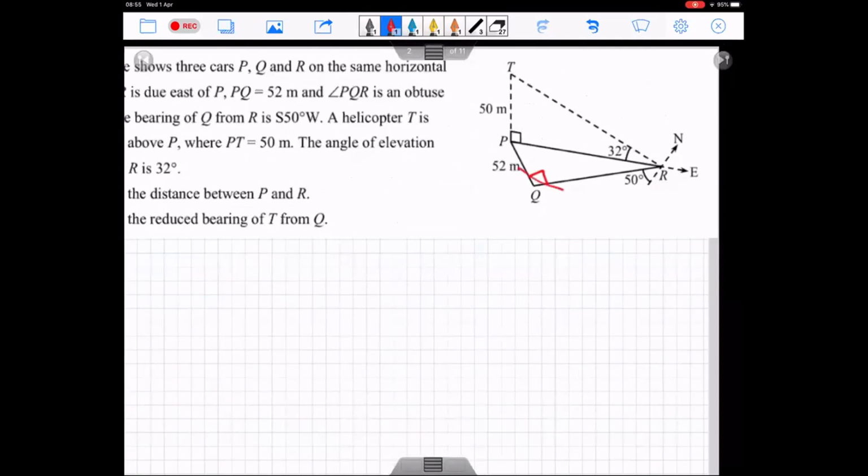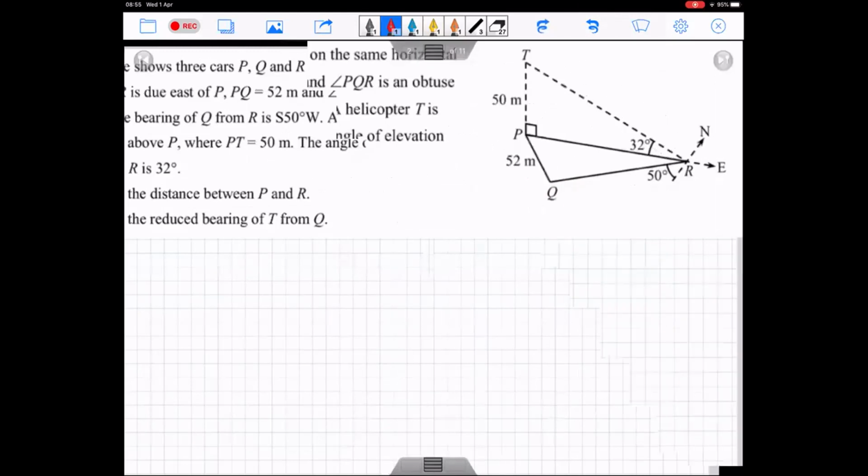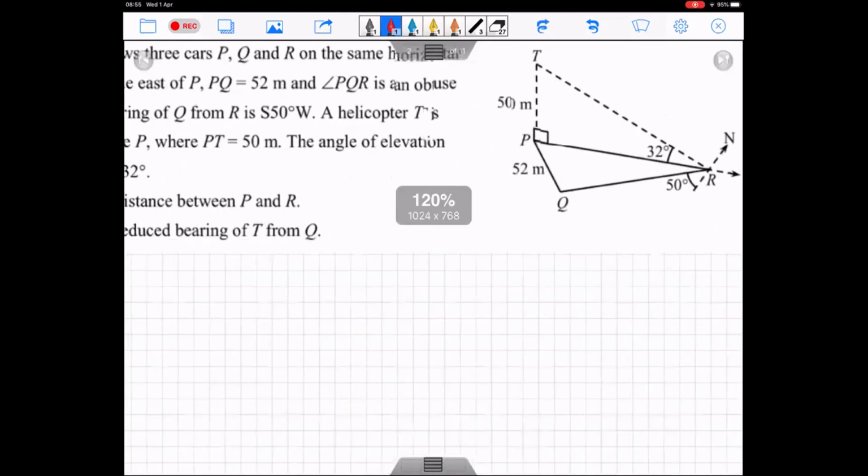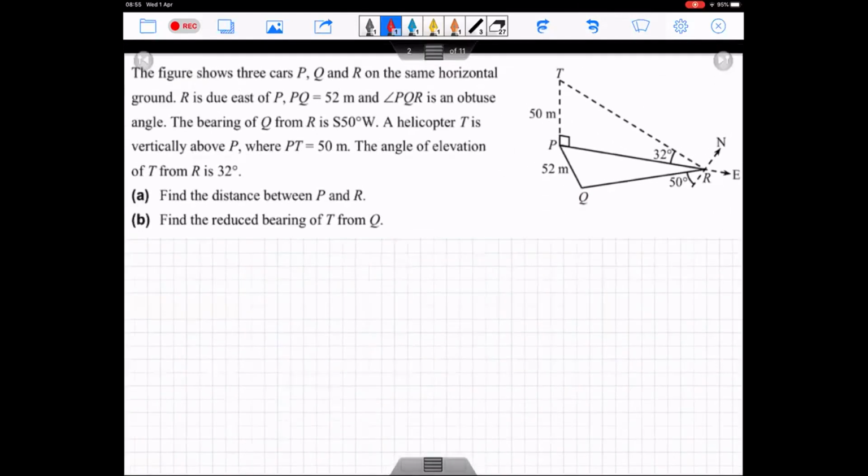Yet quite a number of us mistook this to be a right angle. It looks like a right angle, but it is not mentioned anywhere in the question that it is a right angle. In fact, it is mentioned specifically that PQR is an obtuse angle. It is not a right angle. Yet some of us still misjudge this to be a right angle.